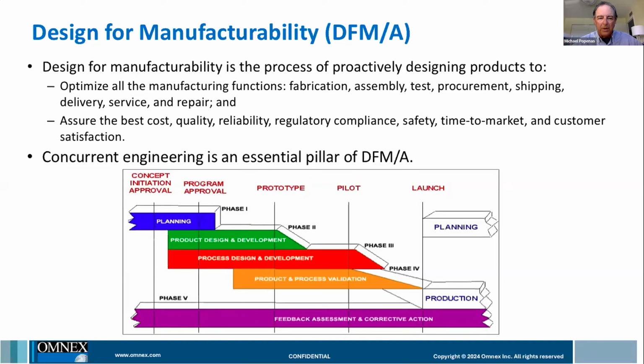And so one of the things that we really focus in on, one of the key pillars of being successful in making and designing products that our manufacturing system can actually produce is not an uncommon term, but a hard one to pull off all the time: concurrent engineering.